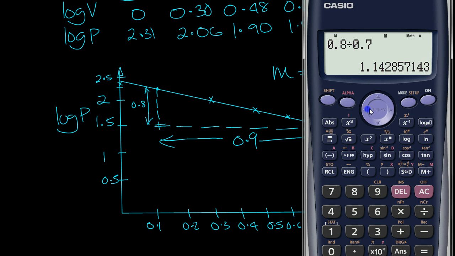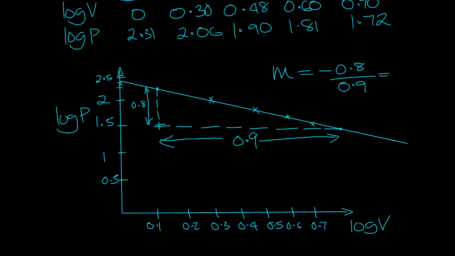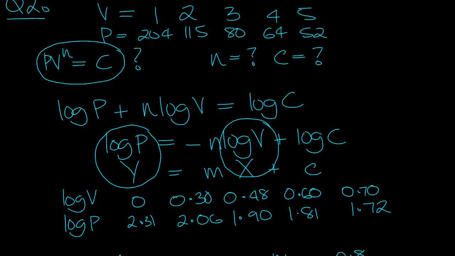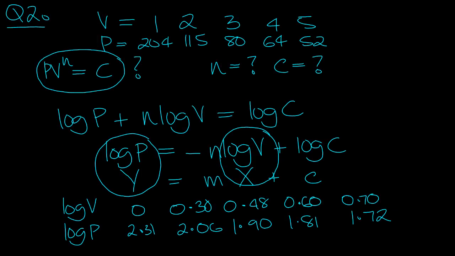Accurate enough. So let's change that to 0.9. Sorry about that. Minus 0.89. So that would be minus 0.89 then, wouldn't it? So there's our gradient then. In the notes they come out at minus 0.84 on the tabulated formal graph version.